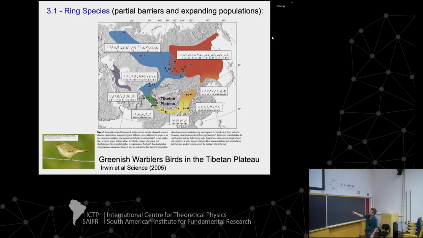So this is a big area in Asia, and the story is that these birds, like 10,000 years ago, lived only in a forest on the south of the Tibetan plateau, because all the rest was frozen by the last glaciation. When the ice started to melt, the forest started to grow, and the birds followed the growth of the forest.